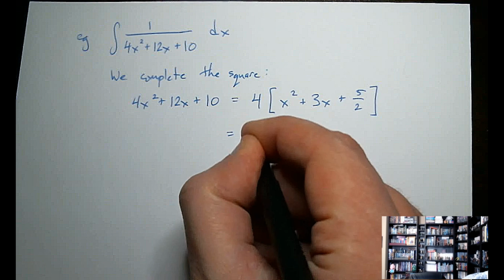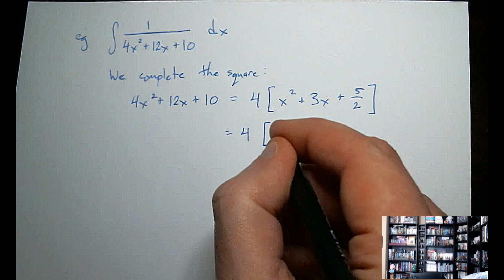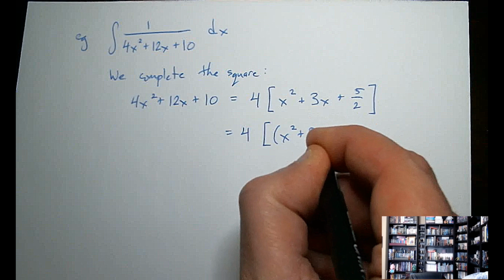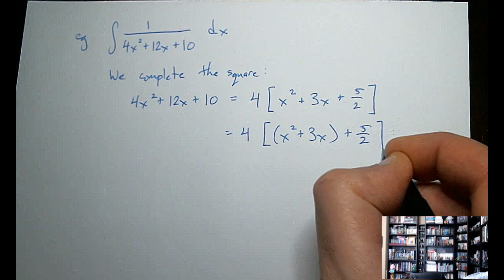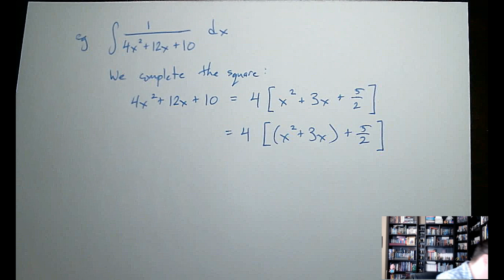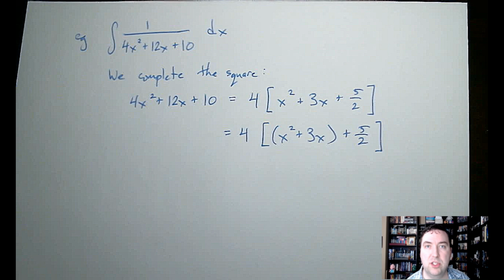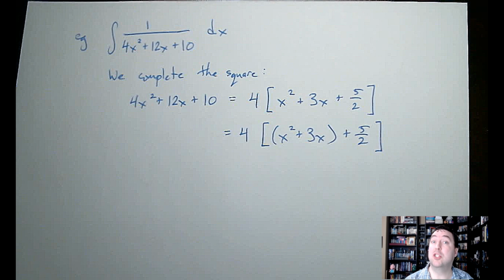So that means, first of all, I'm going to take the two terms with the x's in them, the x squared plus 3x, and I'll section those off with their own set of brackets. And then in particular, I look at that coefficient of x. It's positive 3 in this case. So I cut it in half to get 3 over 2, and I square it. 3 over 2 squared is 9 over 4.